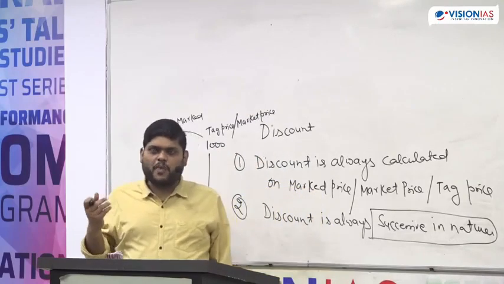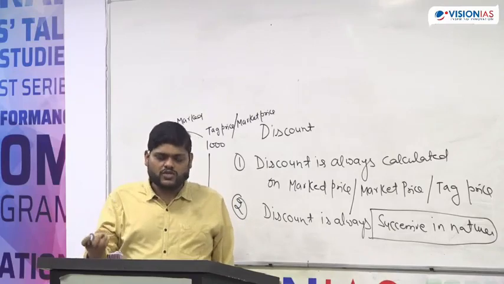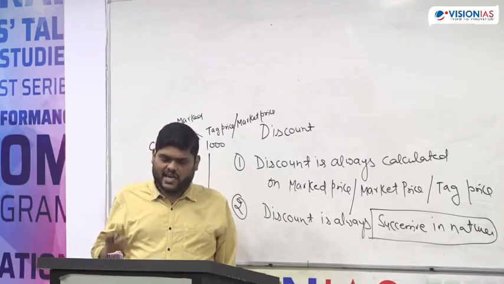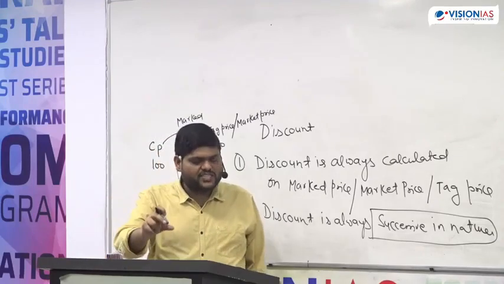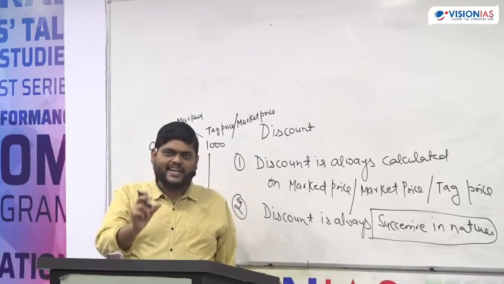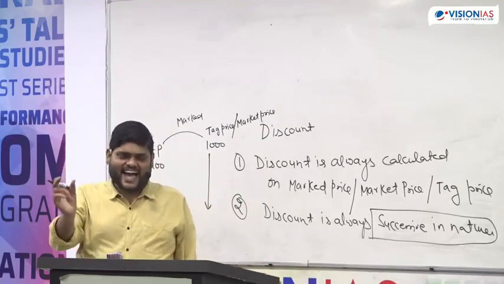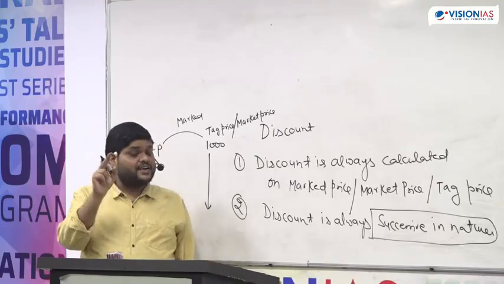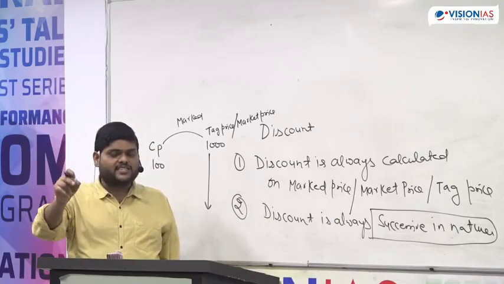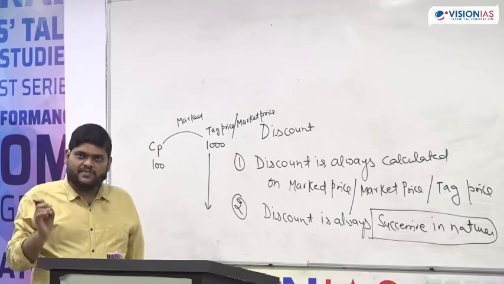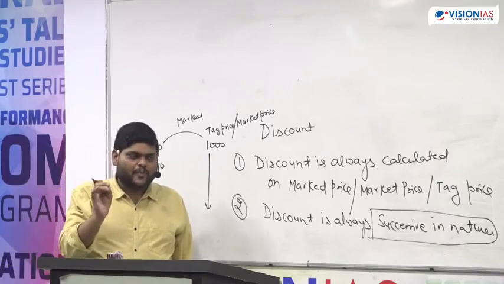Suppose you are going to buy a jeans. When you go to the shop, what will you see? You will see a tag on the jeans, and the price written on that tag is called the tag price, and they will give discount on that tag price itself, or not?